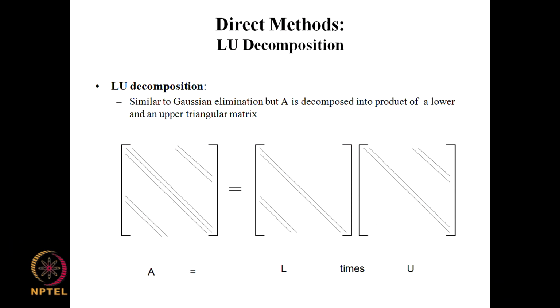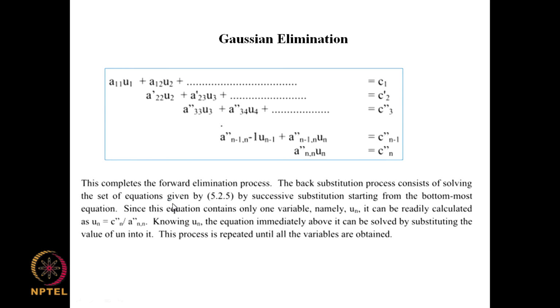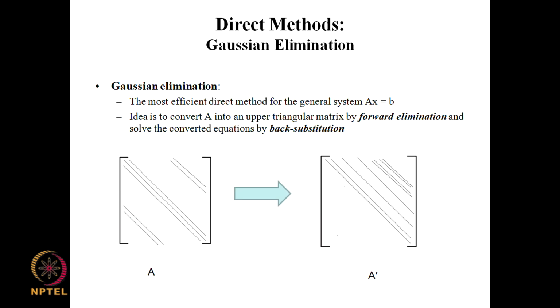So, in the next lecture, we will look at the tridiagonal matrix algorithm, which is applicable for special matrices in which the coefficient matrix has 3 adjacent diagonals including the main diagonal.